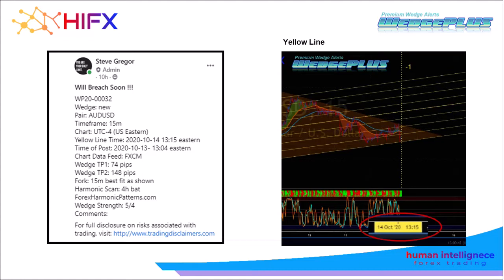If you look at the alert, you will also notice it's 2010-14 at 13:15 Eastern, which is the exact same number you see on the chart. That's why it says the yellow line time. So yellow line time represents when we drew it. Also in this example, you will notice the yellow line at the top has a -1 next to it. That -1 means the line really belongs one candle to the left, where the wedge was drawn.